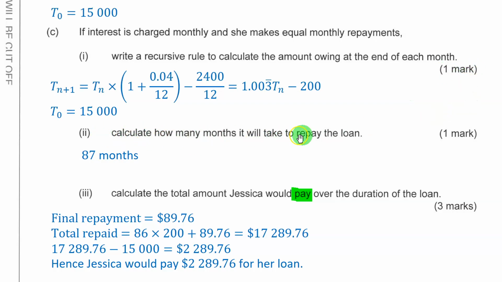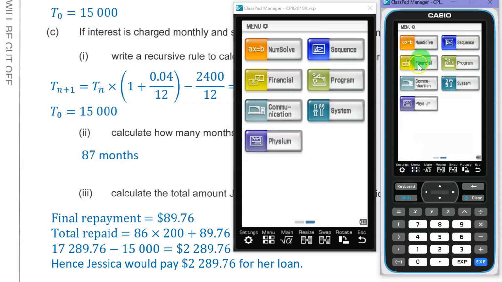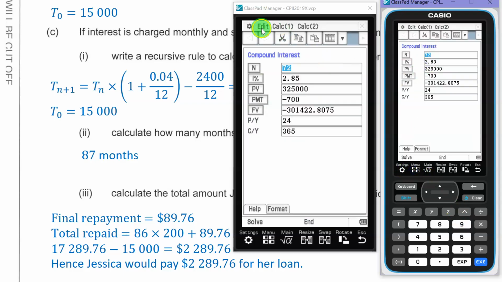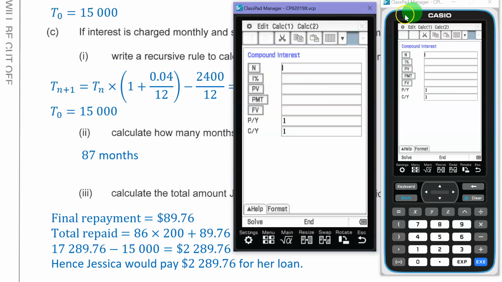Part 2, how many months will it take to repay the loan? And then part 3, calculate the total amount Jessica would pay over the duration of the loan. Couple of ways to do this on ClassPad. Let's have a look. So we could nip back into the old finance app again. Let's tidy things up, clear all, and back into compound interest. So what's going on for Jessica here? So it's how long. We know that the rate is 4%.